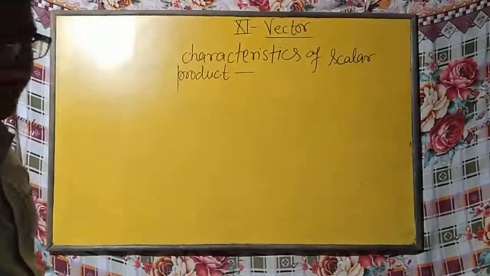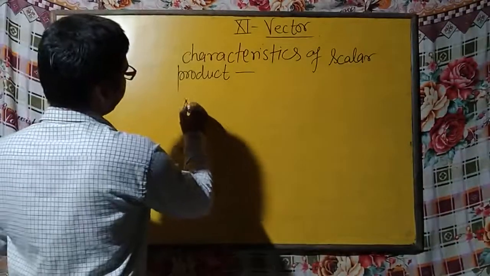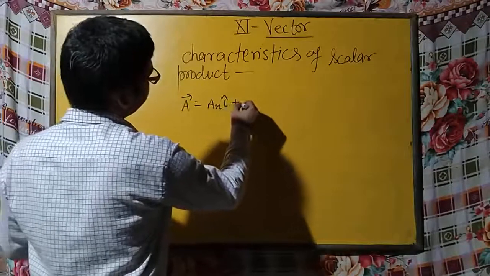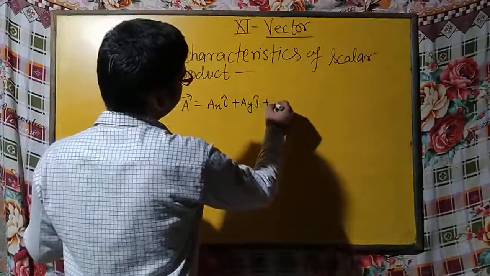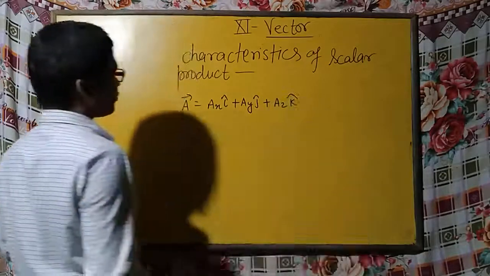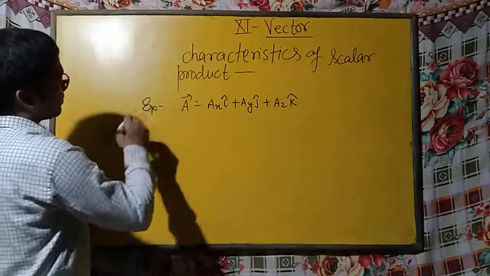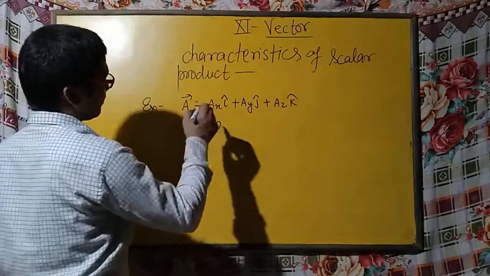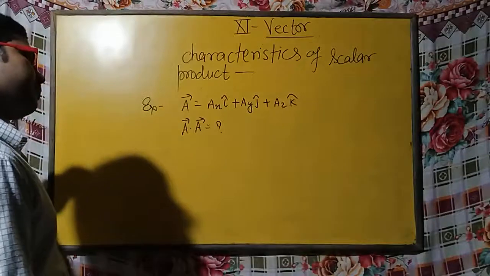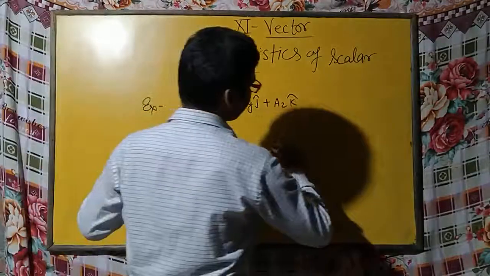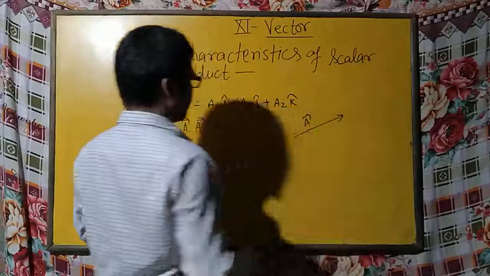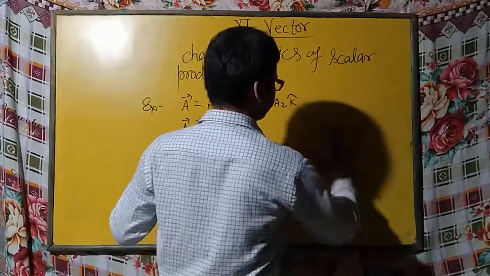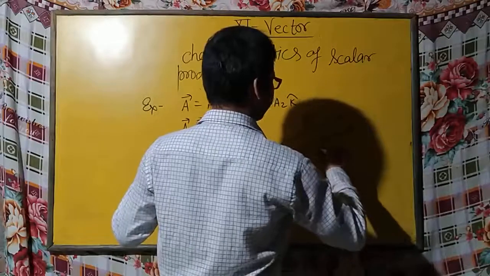So suppose a vector A is given by A is equal to Ax i plus Ay j plus Az k. Suppose this one is the example. Now the question is: find A dot A. What will be the value of A dot A? So now you can see here, suppose vector A is like this, and another vector A is parallel to this one, like this.